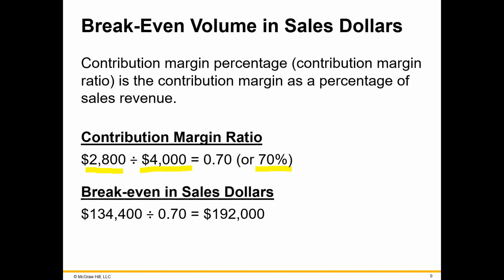If the question asks, how much sales do we need to break even? Well, we know that to break even, we have to cover our fixed cost of $134,400. And if our contribution margin ratio is 70%, then 134,400 divided by 70% means that we have to sell $192,000 worth of trips.